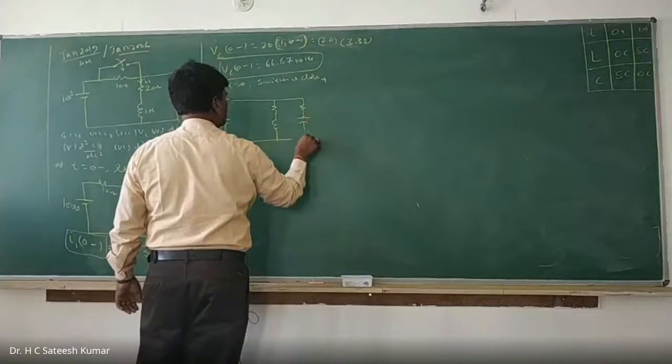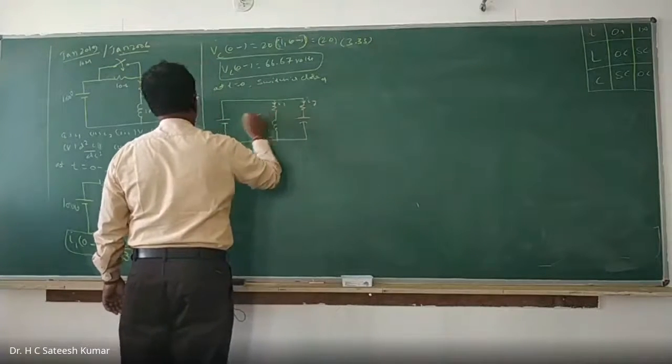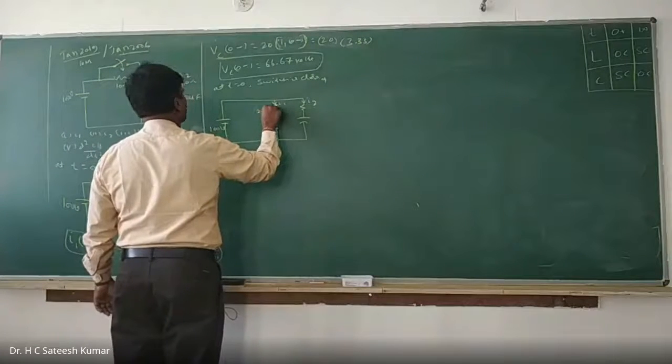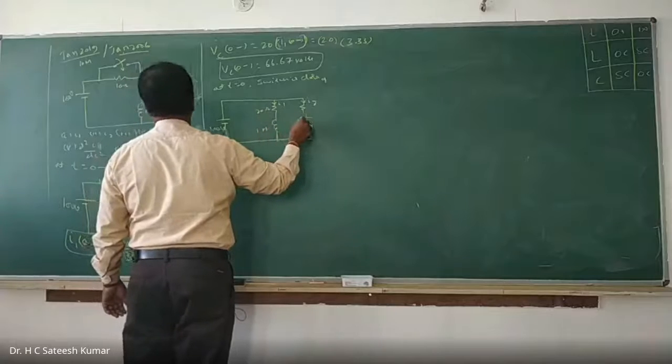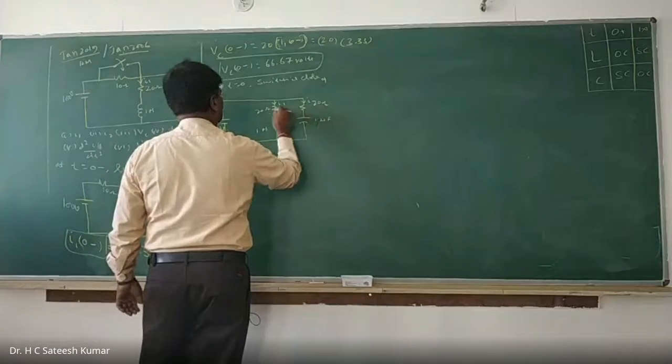And you will get two equations for this. This is your I2, this is your I1, and this is your 100 volts, 20 ohms, 1 henry, 20 ohms, 1 microfarad.